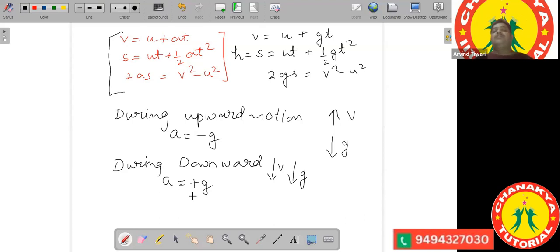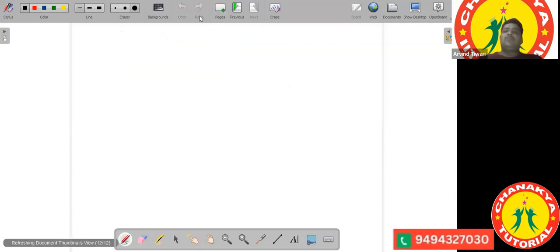And if velocity and acceleration are opposite to each other, then we take the acceleration to be negative. Okay, understood this? Yes. Now let's move to the next, we will see and try to solve a problem.